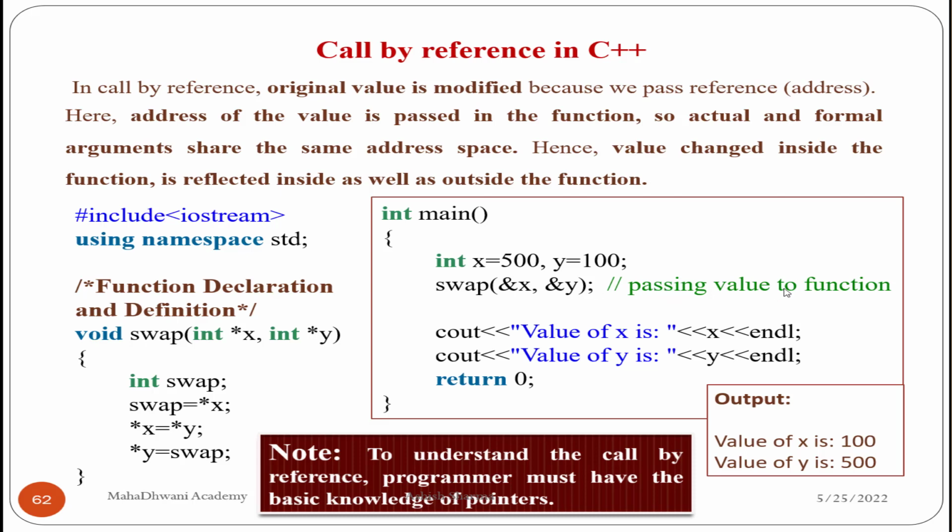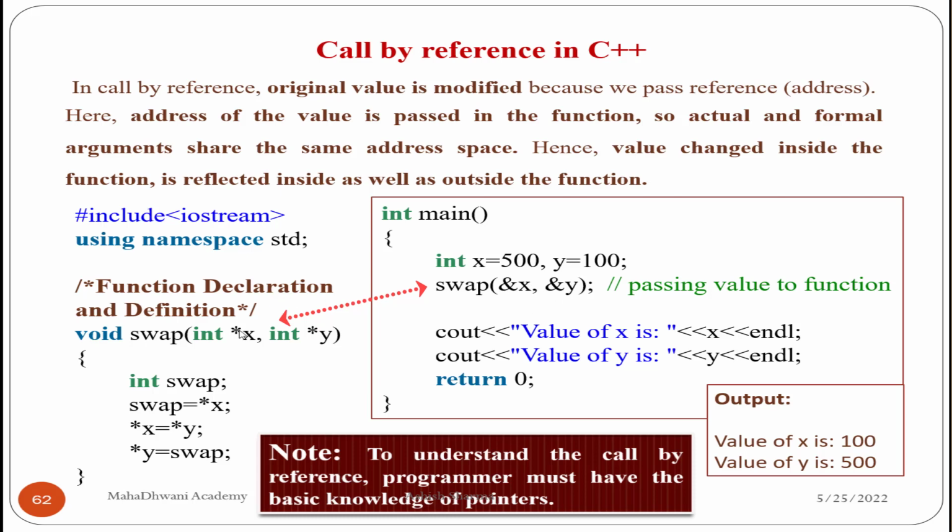We are passing addresses to the function, and whenever we call the swap function, these addresses directly reach the swap function definition's parameters. Whenever program control comes here, it jumps to the swap definition, with pointer variable x and pointer variable y holding the addresses of the x and y variables.